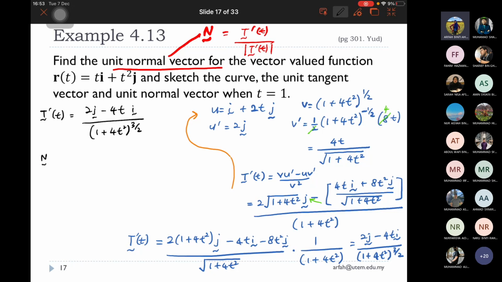So unit normal vector, okay, N of t akan sama dengan T prime t over Euclidean length of T prime t.